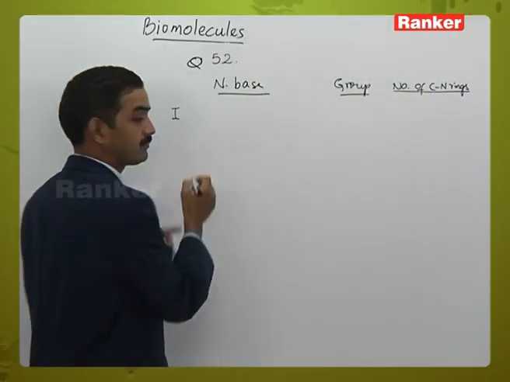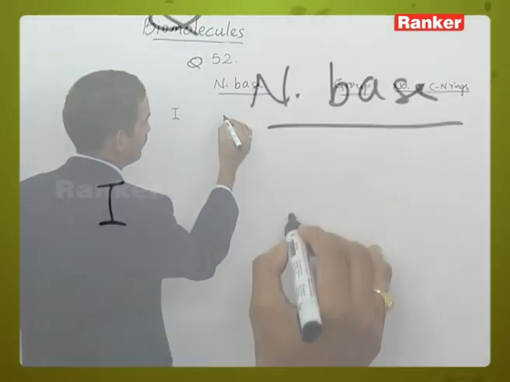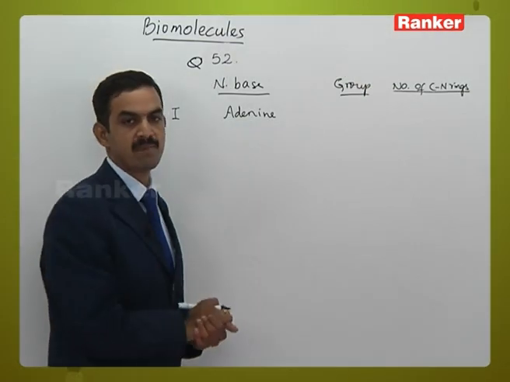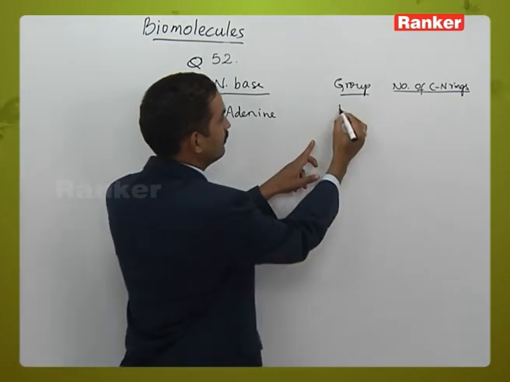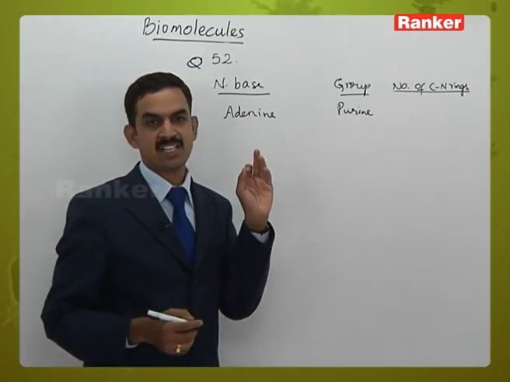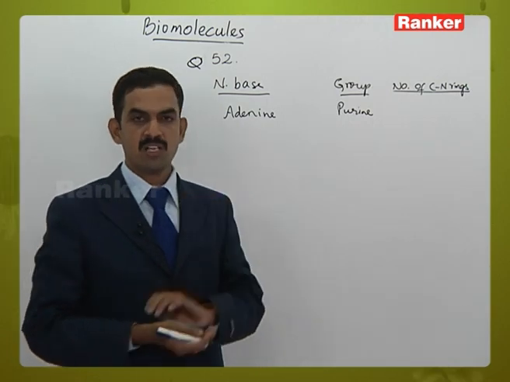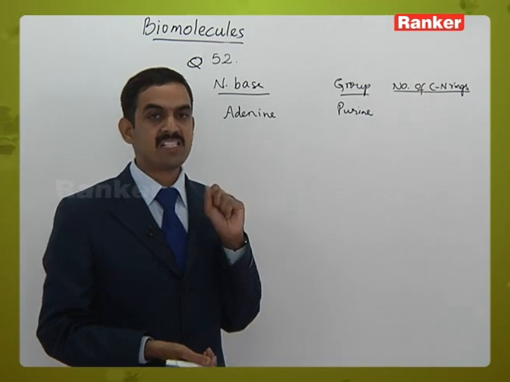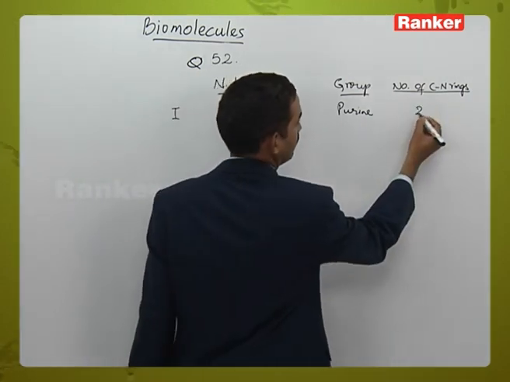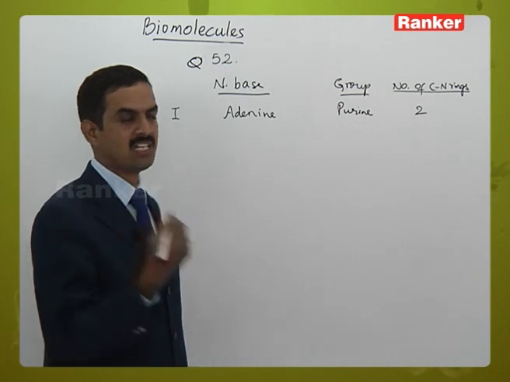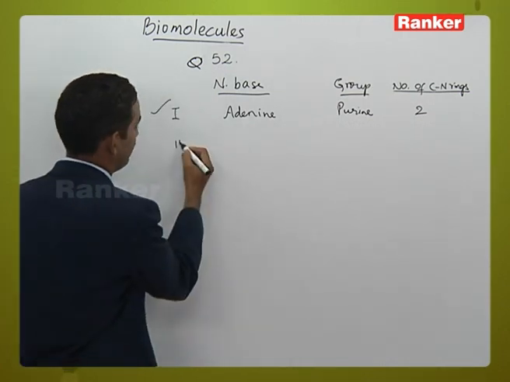The first one, adenine. Adenine is a purine molecule, that means it belongs to purine. And as we know, all purines contain 2 carbon nitrogen rings, because these are heterocyclic and dicyclic molecules. And whatever options have been given are correct in the question. So this is correct.